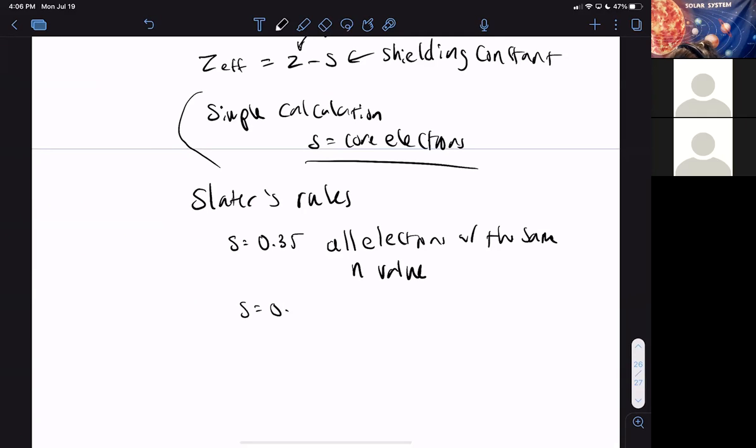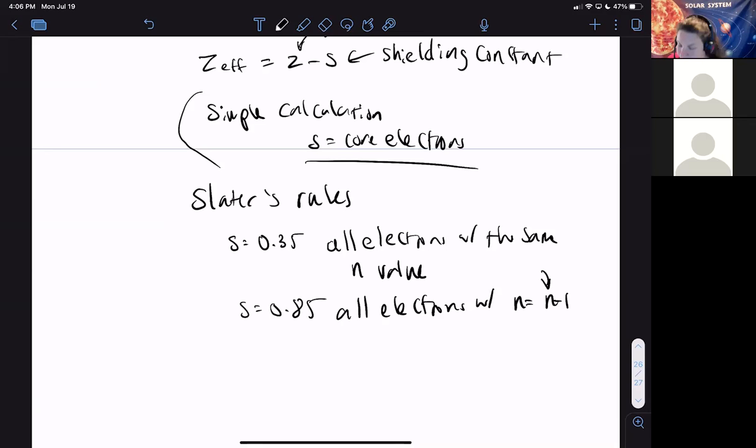Our S is equal to 0.85 for all electrons with N equals N minus 1, so whatever you're observing, the N minus 1 level. If you're looking at a 5p, then anything in the N equals 4 level will be 0.85.